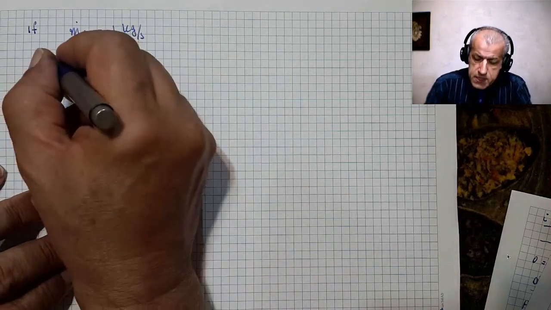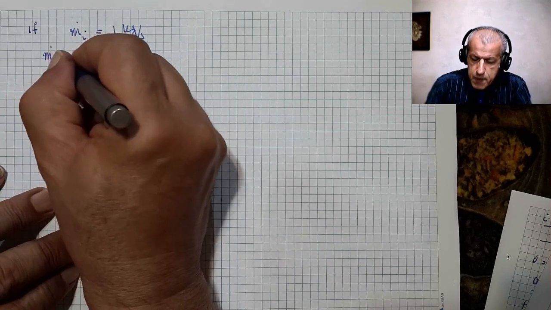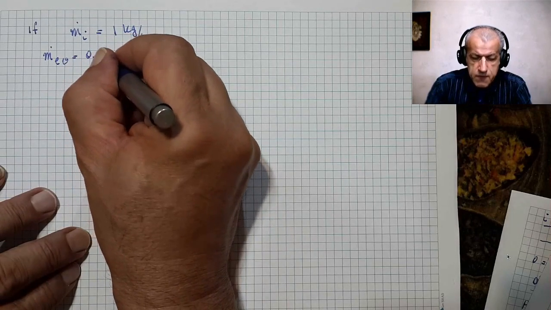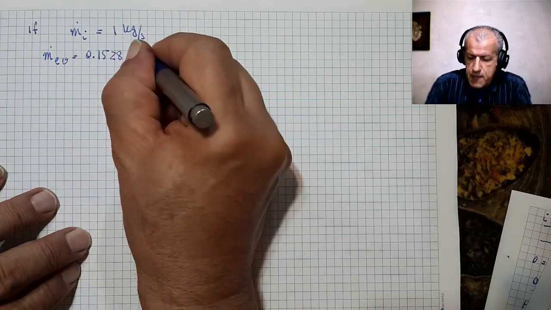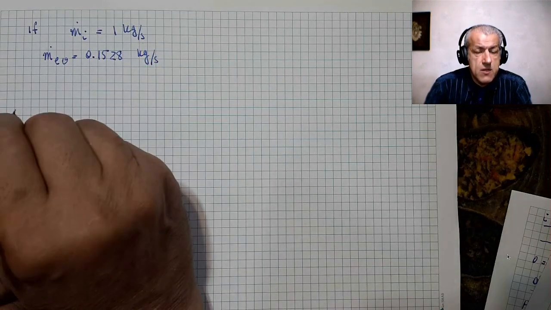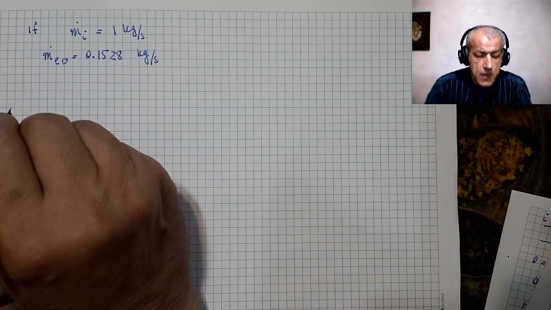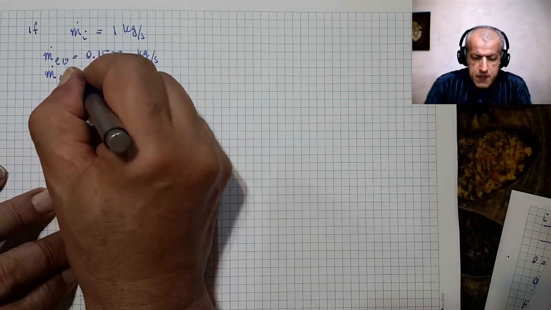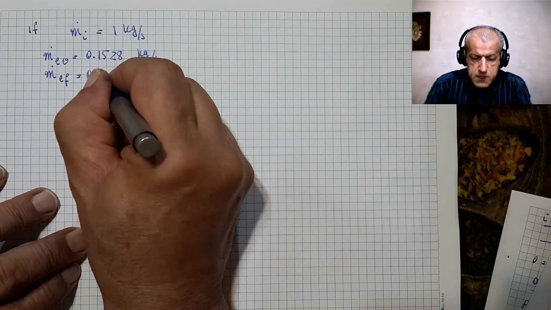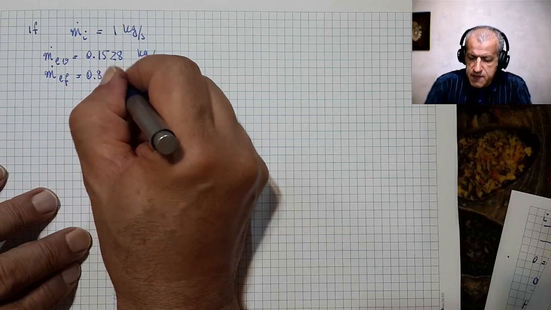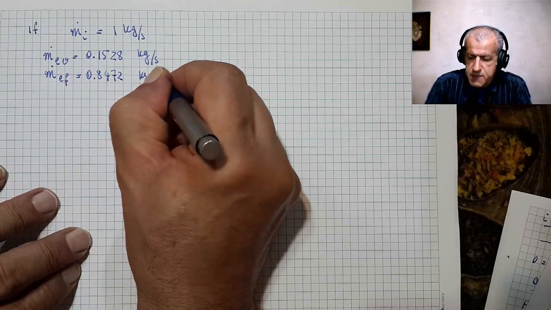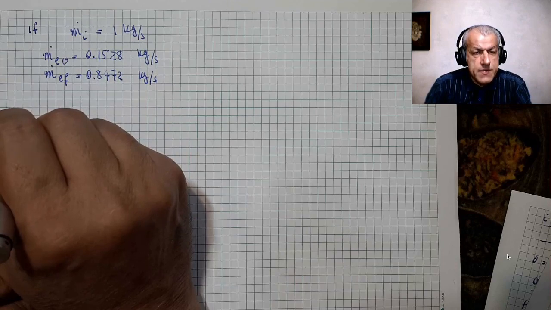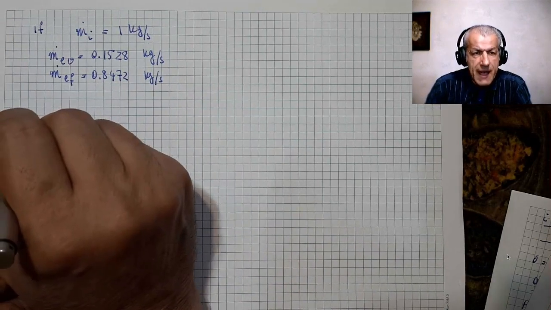Then m dot EV, which is the vapor, would be 0.1528 kilograms per second, because we know quality, so it's very easy to put a number to it, and m dot EF equals 0.8472 kilograms per second. So we have some order for the mass.